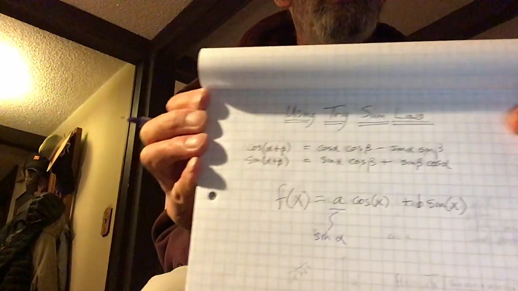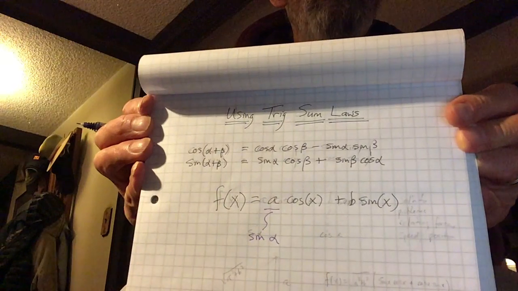What we want to say, if we're going to use, say, the sine law, is that the first coefficient is going to be the sine of something. So instead of a, I'm going to call it sine of alpha, and instead of b, we're going to have cosine of alpha.